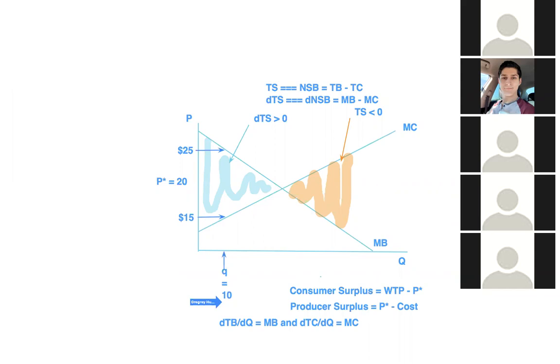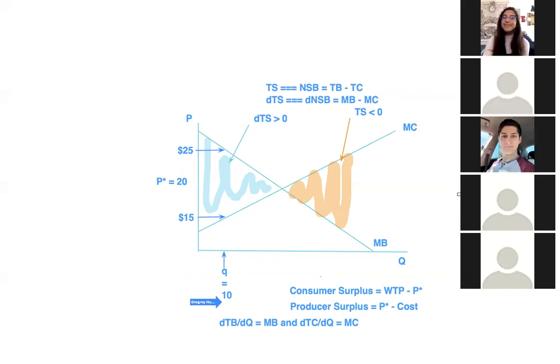So let's see, Z wanted to volunteer. Are you there, Z? Yes. Can you speak up a little bit? You're a little bit quiet. Can you hear me? Yeah, I can. Okay. So take us home. What happens here?